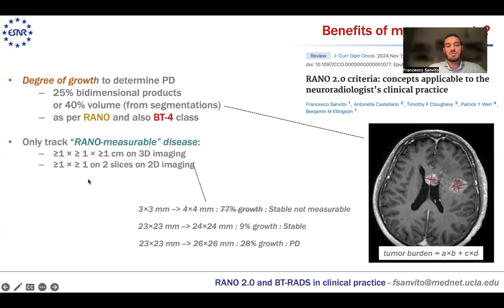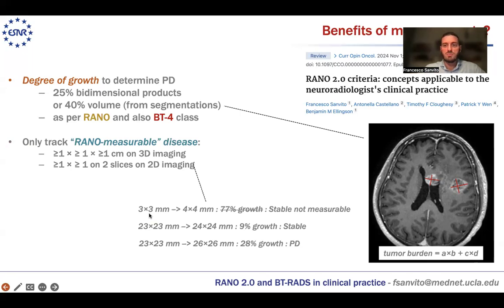And then the other concept that is not always considered is the concept of RANO measurable disease. So if a lesion is not RANO measurable, meaning that it's under 1 centimeter, maybe we just call it non-measurable and we wait for it to become measurable before we call it progression, or a preliminary progression if we need confirmation scans.